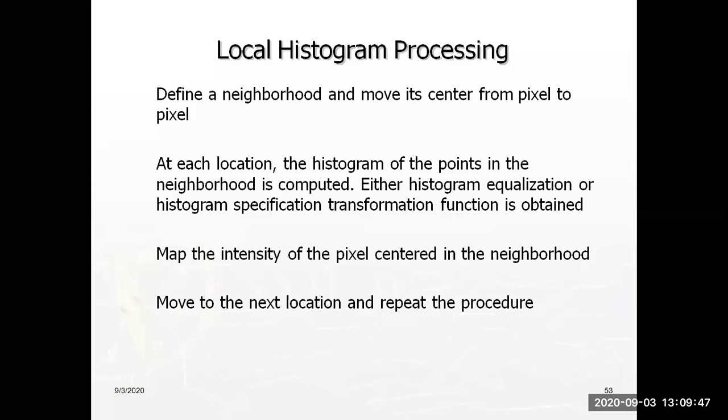Next, move to the fourth pixel value; the intensity value changes, so automatically the histogram also changes. Like this, we move from the first pixel to the last pixel with neighborhood operations. Due to the neighborhood operation, the intensity of the original pixel value is changed, and correspondingly the histogram is also changed. That is called local histogram processing.